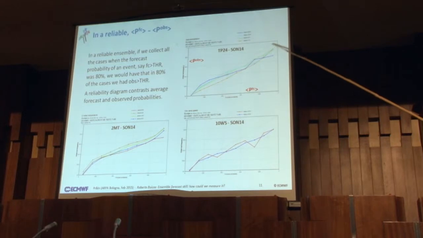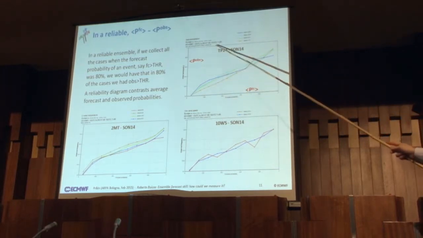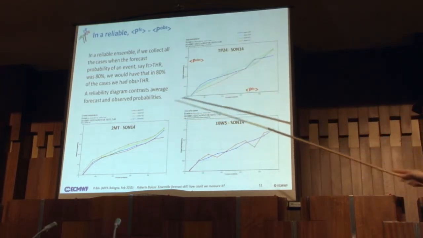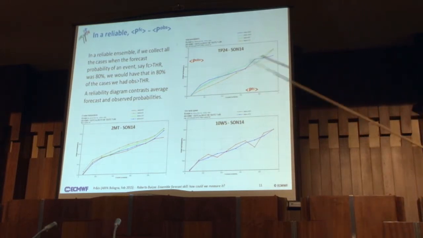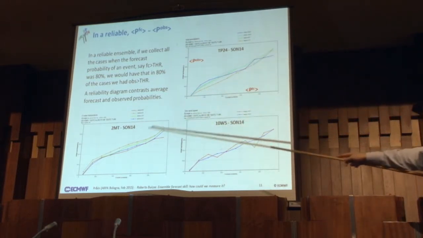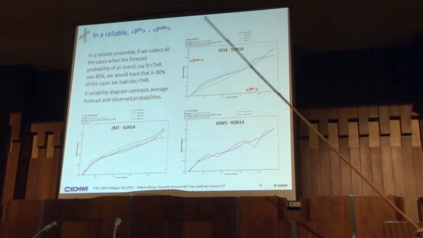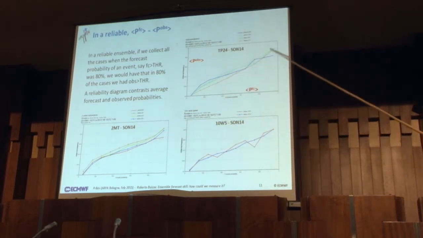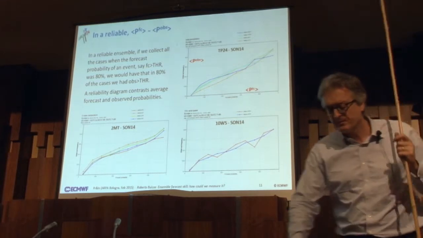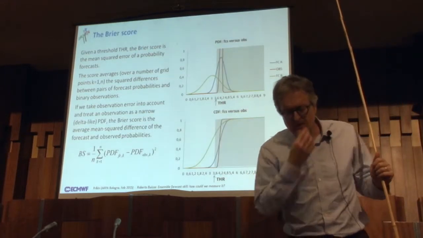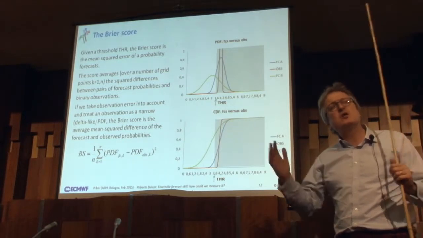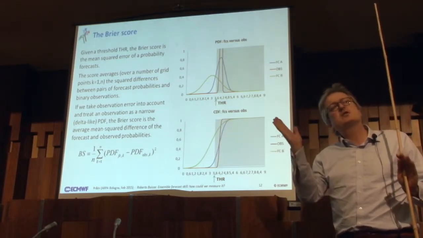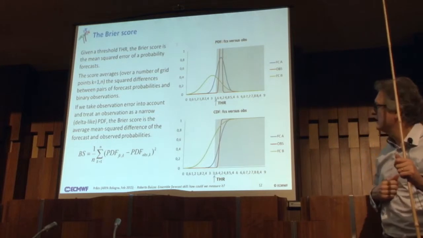So you want to be as close as possible to the diagonal. This is day 4, forecast verified against observations at synop stations. So what you see is that the system is not terribly reliable, but not too far from the diagonal. Okay? And the Brier score is actually a measure of how close the curve is to the diagonal.